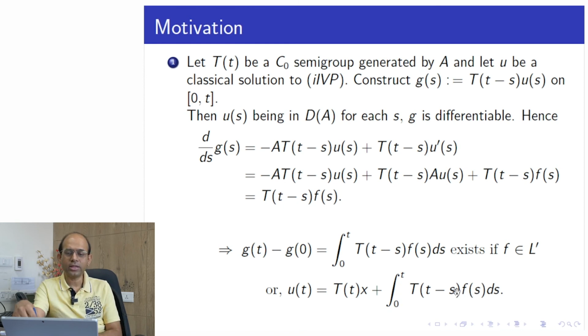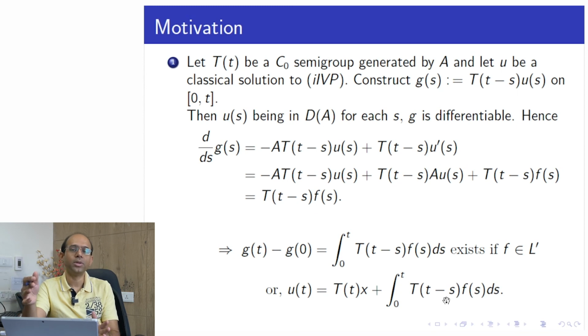And the only thing that is very important here is that the operator which appears in the equation, in the Cauchy problem, should generate a C0 semigroup. And the question of whether it really generates a C0 semigroup or not can be answered using the Hille-Yosida theorem.